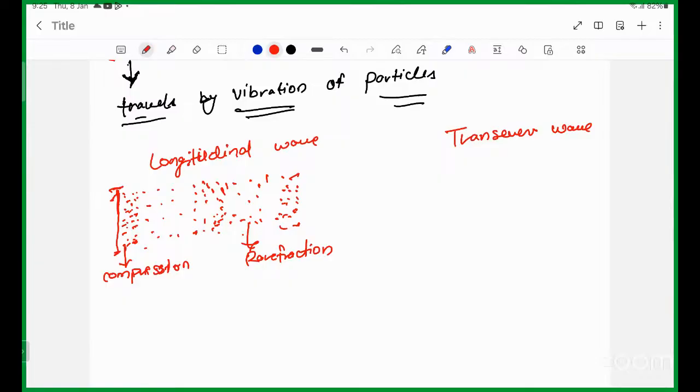In case of transverse, it is a waveform. The particles travel in a waveform like this. In this waveform, the particles move from here and come down, then go up there. The upper part is called a crest, and the lower part is called a trough.